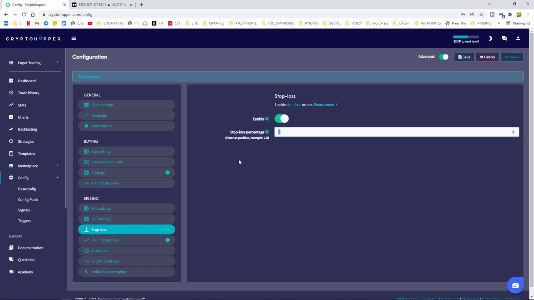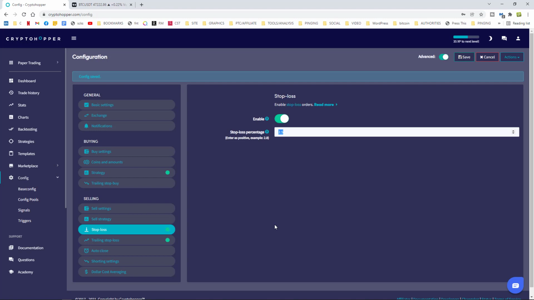Stop loss, you can set it if you want. Alright, let's say you buy $50 worth of Bitcoin, and immediately after Bitcoin takes a dump. Well, you could put, alright, I want 2.5%. So if it drops 2.5%, let's say we bought $100 worth of Bitcoin and it drops 2.5%. Well, what's 2.5% of $100?